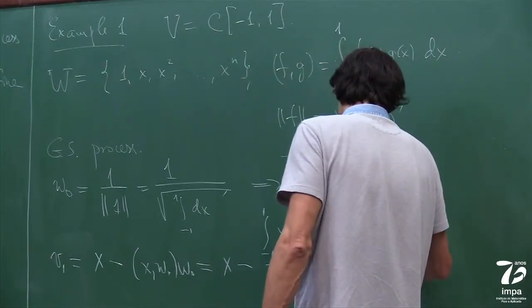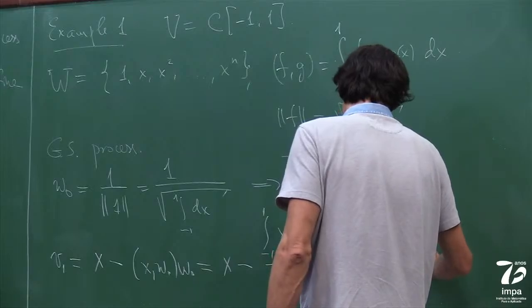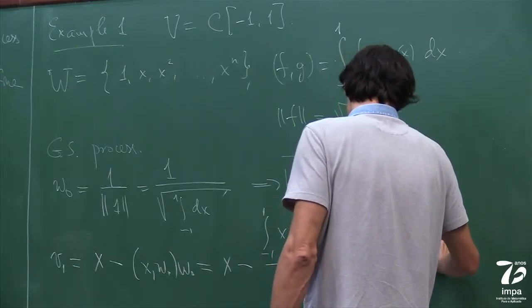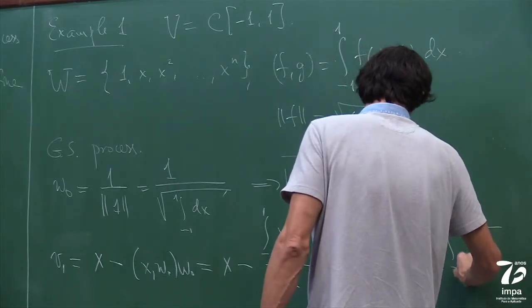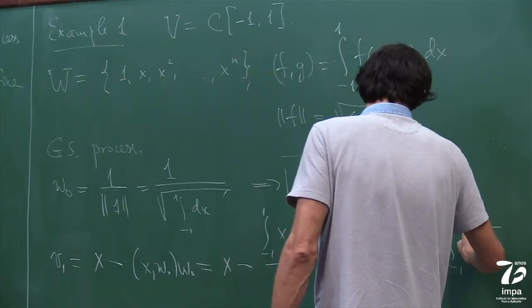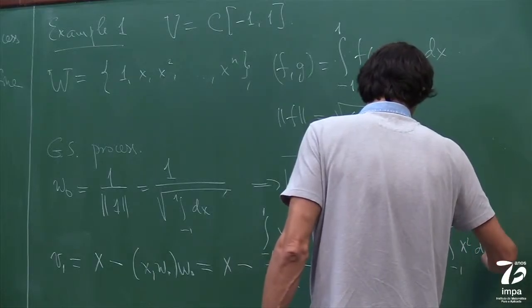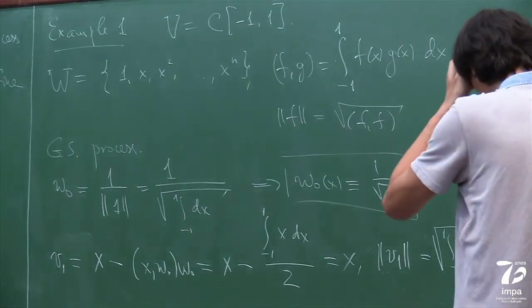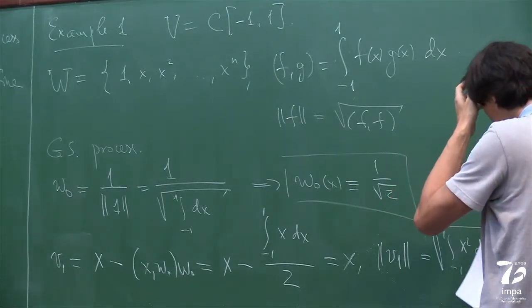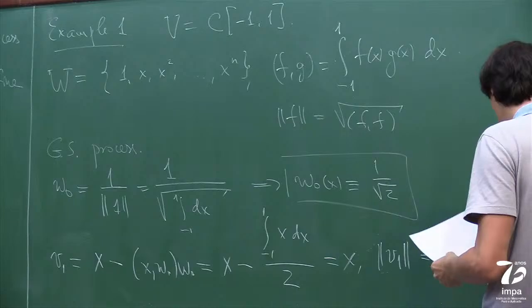And then we need to find the norm of V1, which will be the square root of the integral of x squared dx. And this is x cubed over 3, from -1 to 1, this will be 2/3.